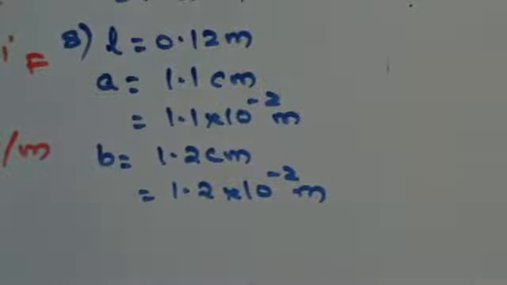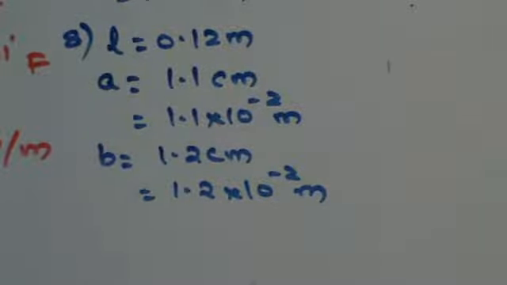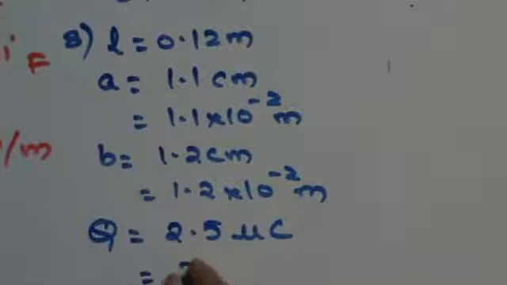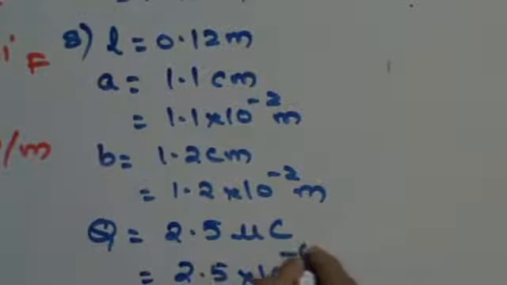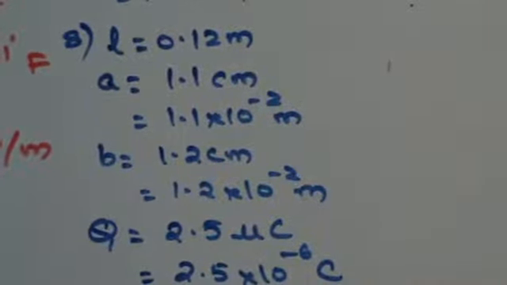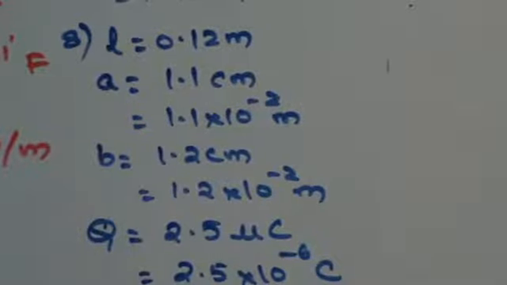The outer cylinder is given a charge of 2.5 microcoulombs. Find the capacitance and the potential on the inner sphere.